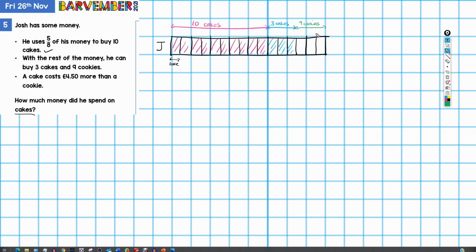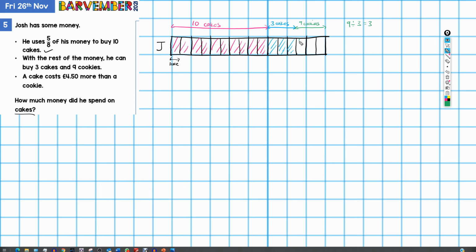We have 3 parts representing 9 cookies. Well, 9 divided by 3 gives us 3. So each of these parts can buy 3 cookies.